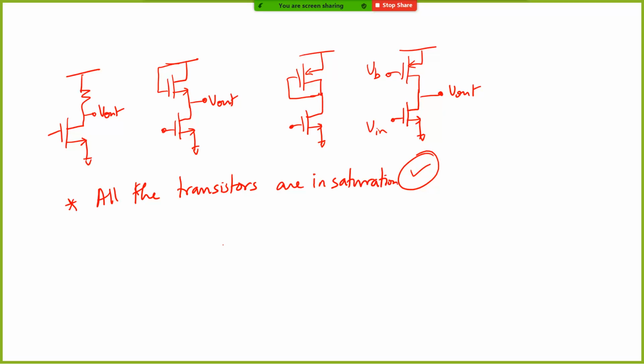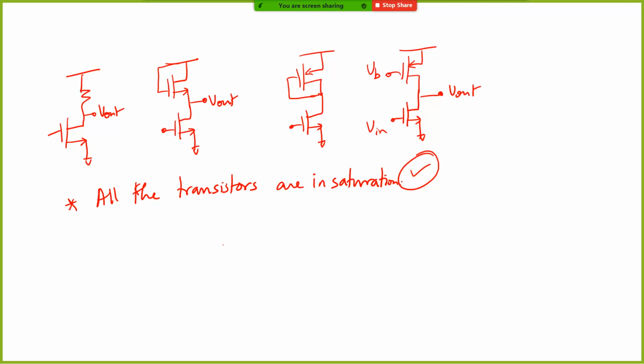In fact, the first tip to get your circuits to work is just biasing it correctly. This goes for op amps and buffers and filters and whatever analog circuit you do. In most cases, except for very few cases where the transistor is expected to operate as a switch or in the triode region, the other transistors by and large are expected to be in the saturation region.